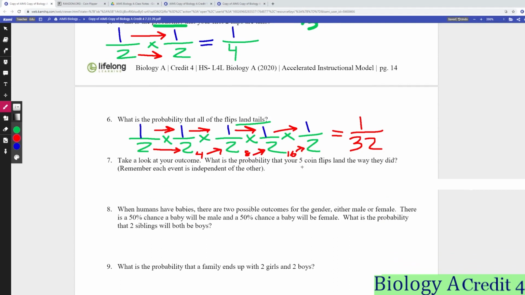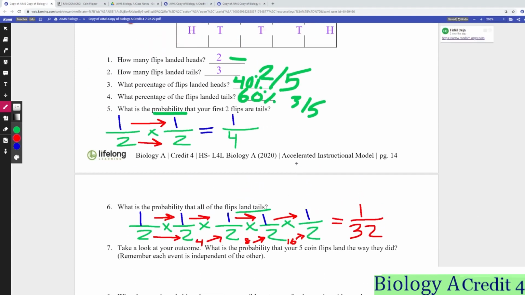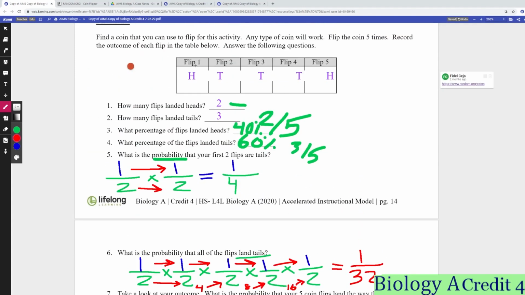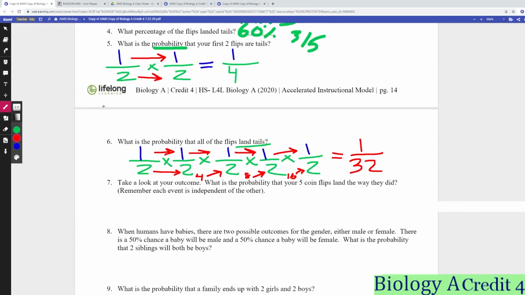Let's see here. What is the probability that our coins came out the way they did? Remember, we did 5 flips. We had 2 heads and 3 tails. We're just going to do the same thing. Our coins still have the ability to be either side.